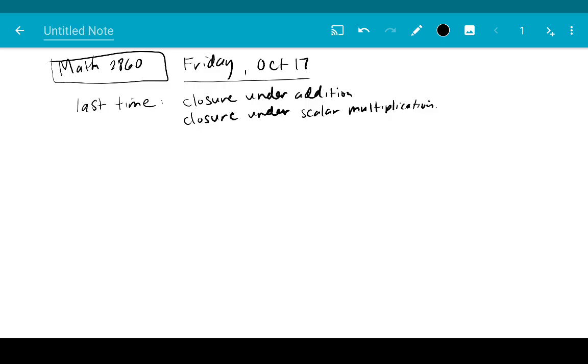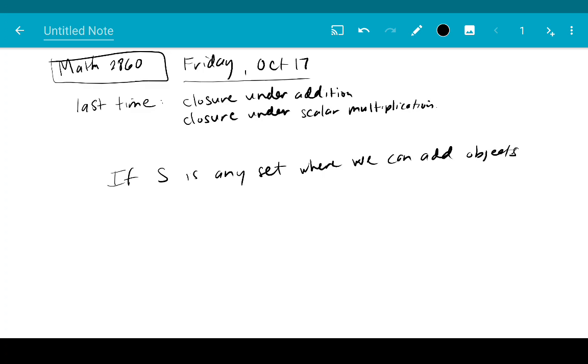So imagine you have a set. If S is any set, of course you could call the set anything, but I'm just calling it S, where we know we can add the objects in the set. Sometimes those objects are just going to be generally called vectors.